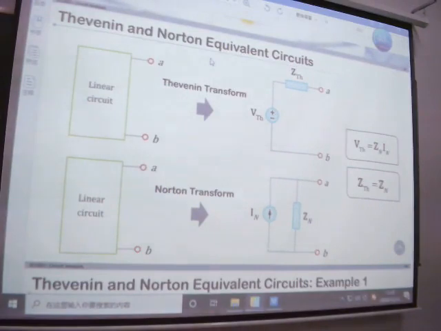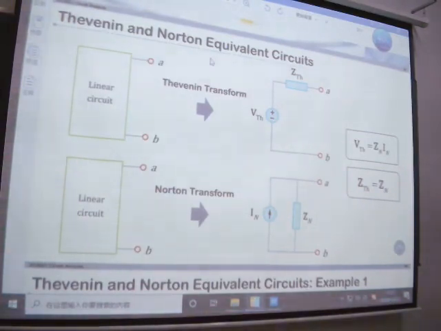The first way, we need to turn off the independent source and then calculate the resistance. The other way, the open short method, right?